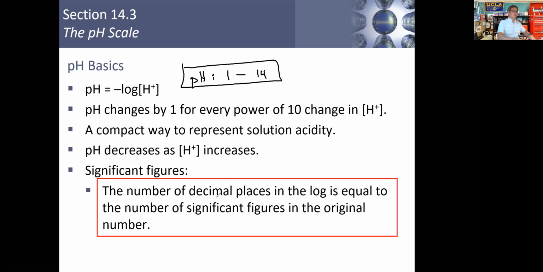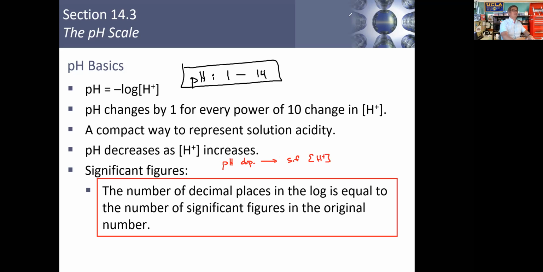So let me go ahead and write that. The number of decimal places for the pH is going to correspond to the number of significant figures for the hydrogen ion concentration.